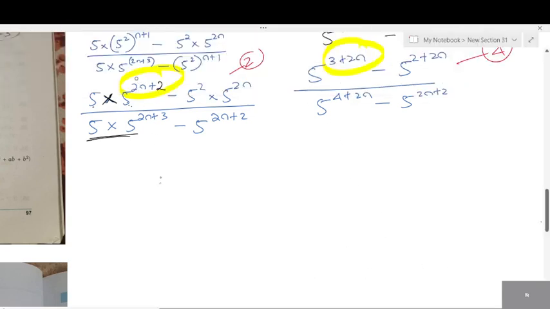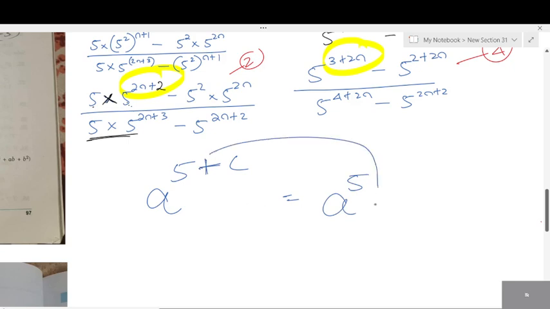Now I'll give you a question. a to the power of 5 plus c. Is the base same for both? Base is common for both. Take a to the power of 5. If plus is given, what sign do you have to put here? Multiplication or division? Multiplied by a to the power of c. Understood?